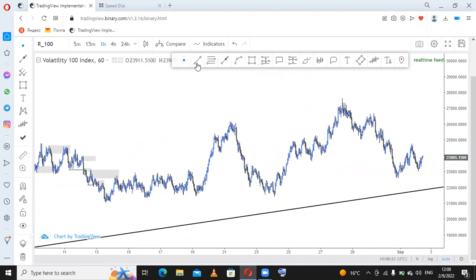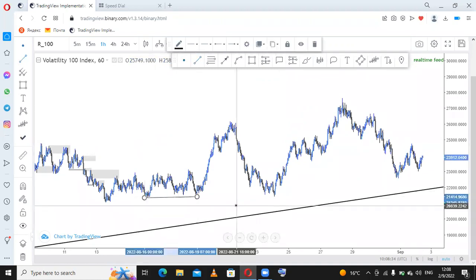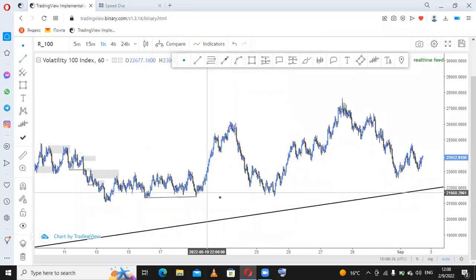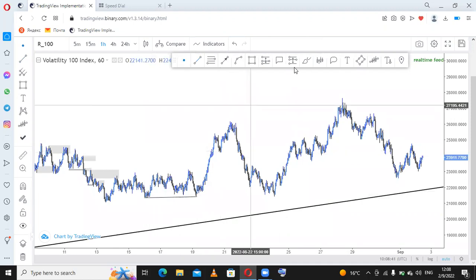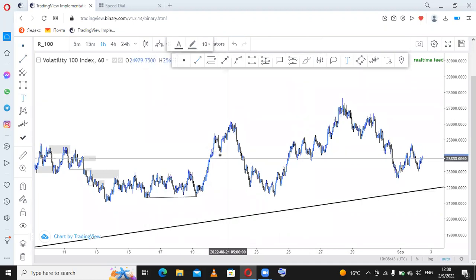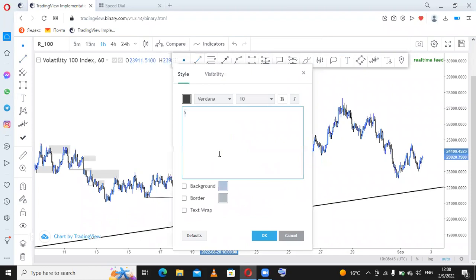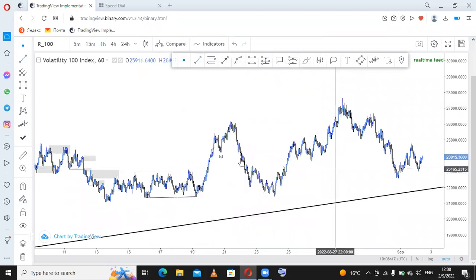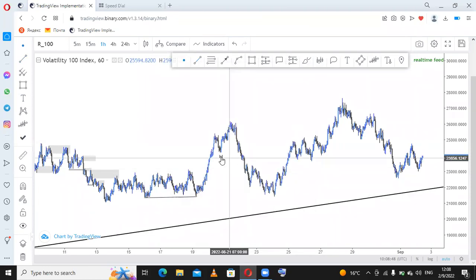We have this liquidity down here, equal highs, equal lows, right here. These are equal lows, right? But then price respected this because we had a higher low which was taken out here, and this is now our new higher low, this one, right?